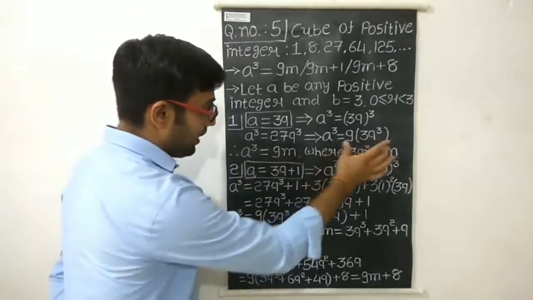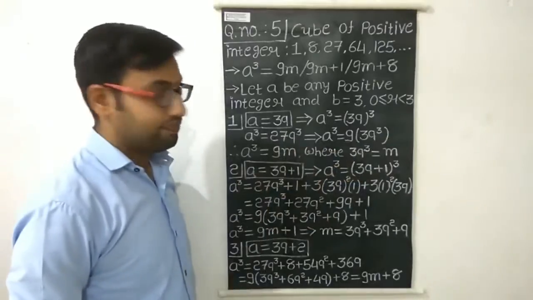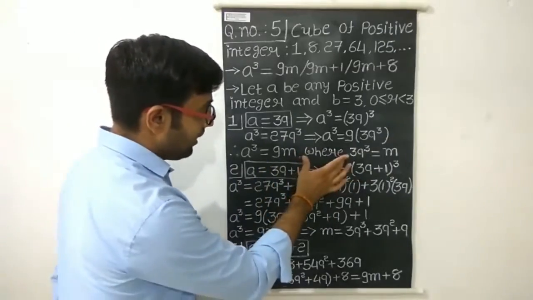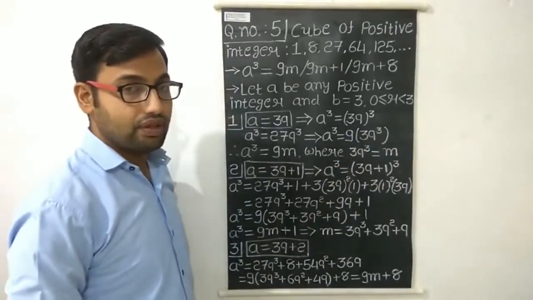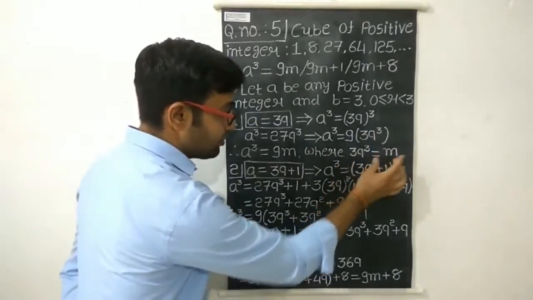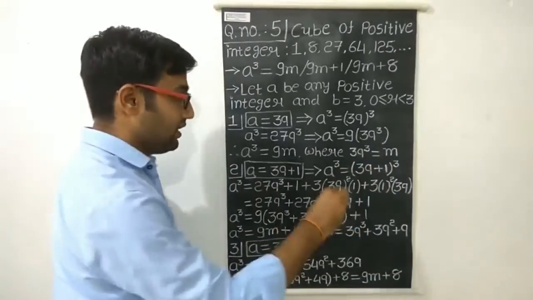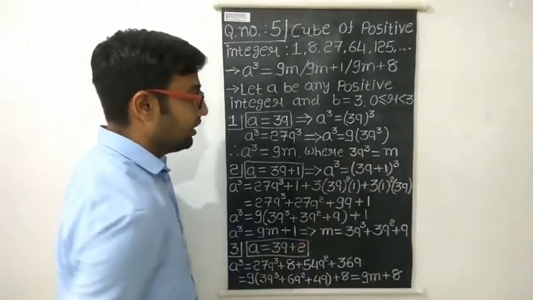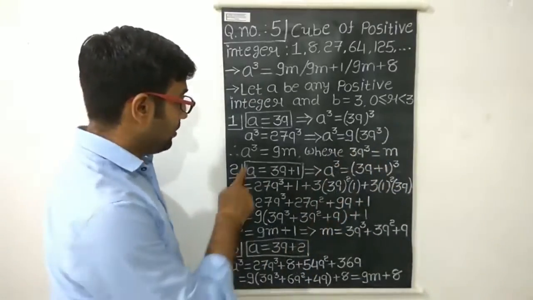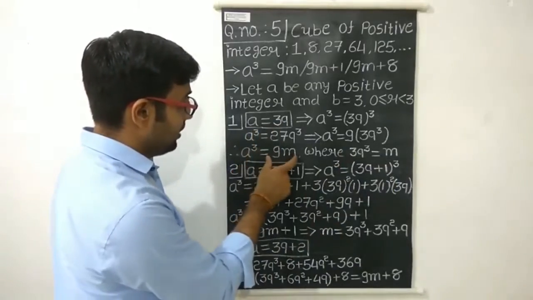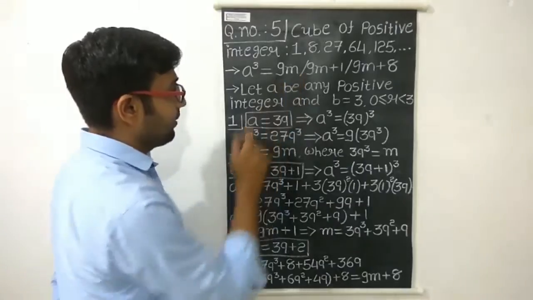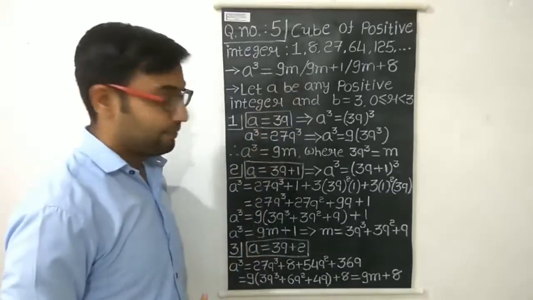So this we can write as 9m. Both values are positive integers, that is why we take m instead of 3q cube. So here you can notice that for the first case the cube of any positive integer is in the form of 9m, the first form we get.